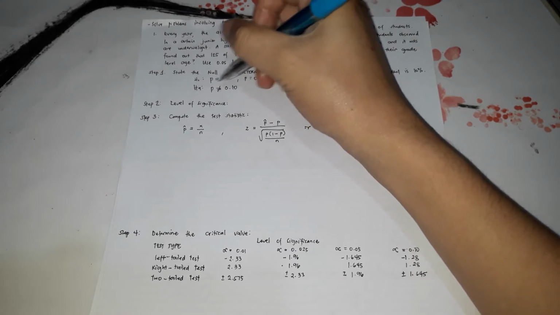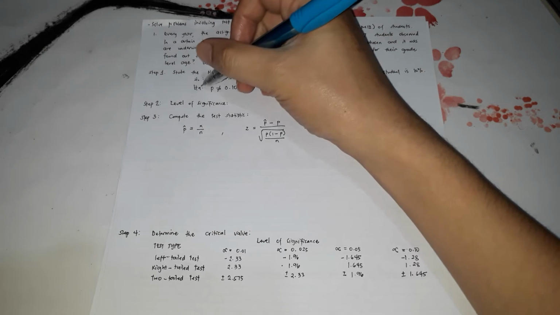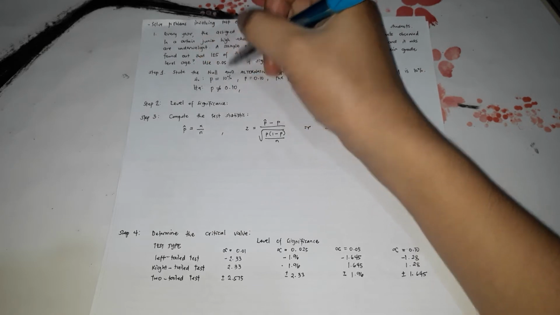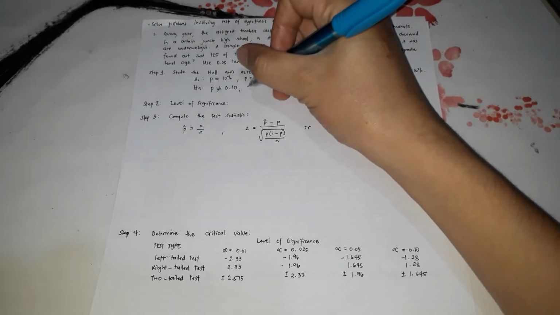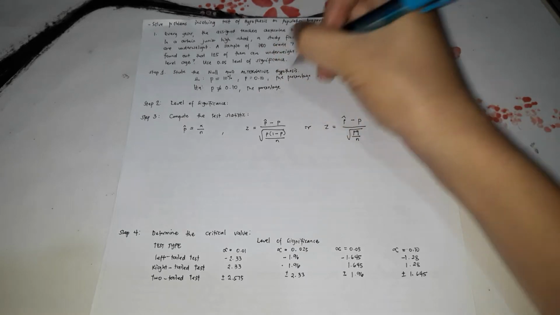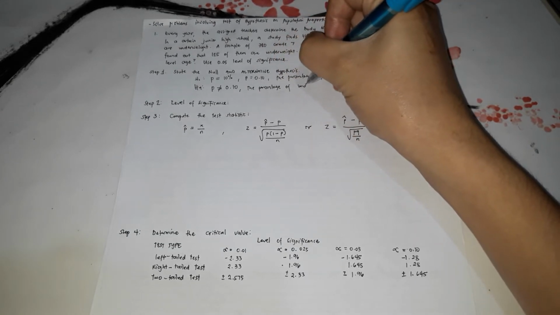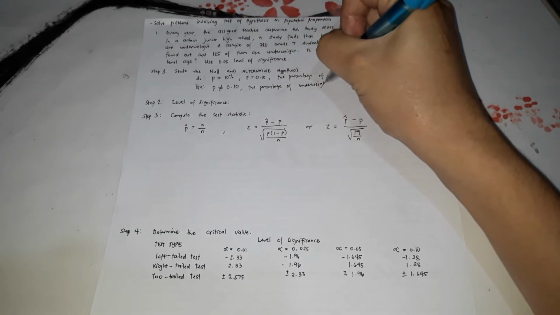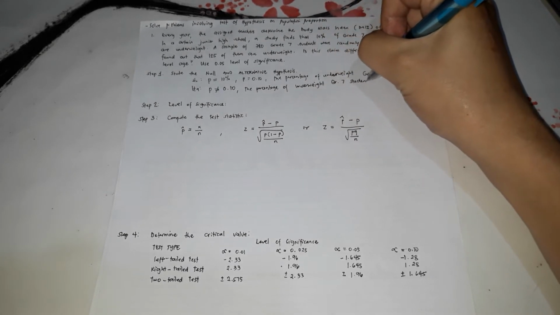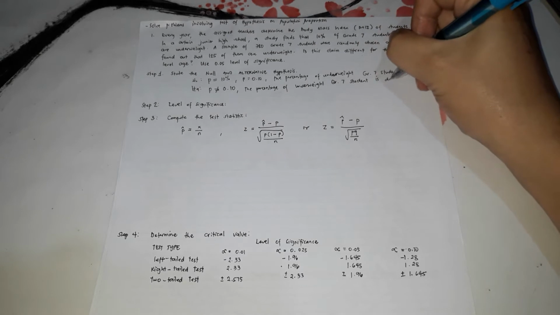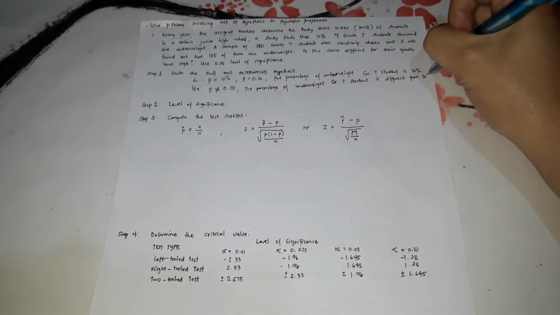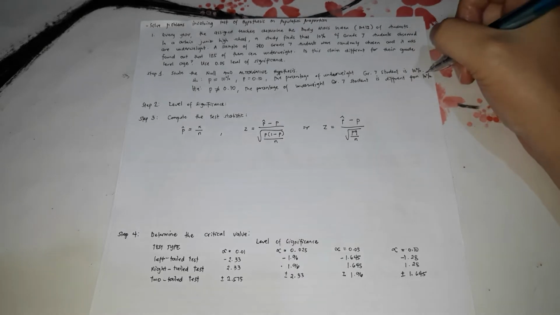The alternative hypothesis would be P is not equal to 0.10, or 10%, which means that the percentage of underweight grade 7 students is different from 10%, it's not 10%.